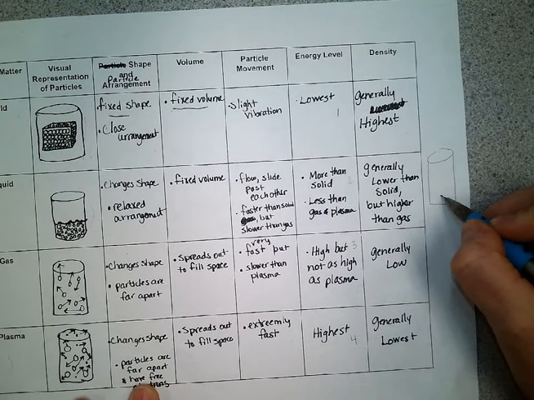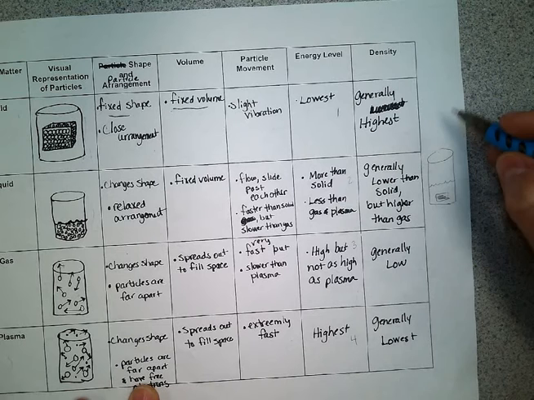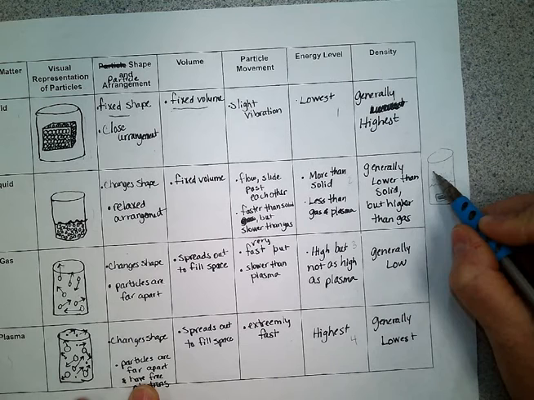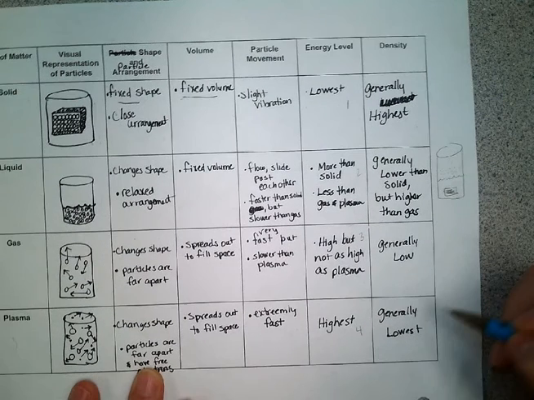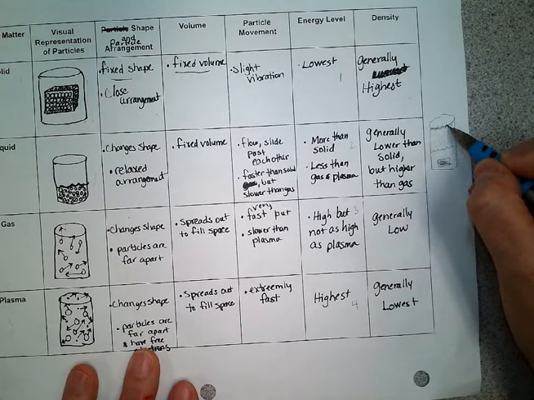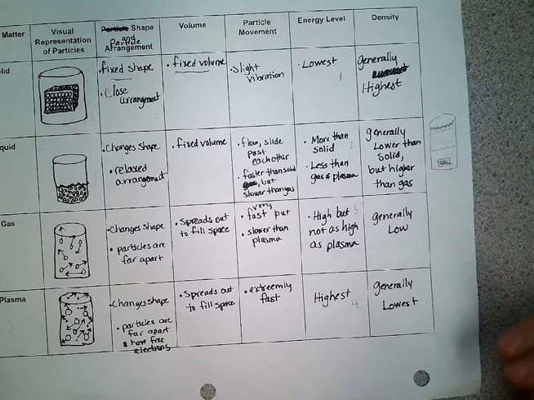Then I'd have my liquid gold right there, filling up the next part, and then up here I'd have my gas, my gold gas, if I could do that. And if I could even ionize it and get it to be a plasma, the plasma we would find up here at the very, very top. That's just in theory. That doesn't really happen. But again, we're comparing gold to gold.